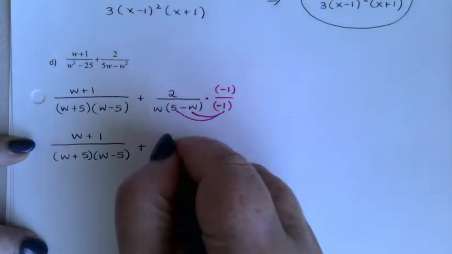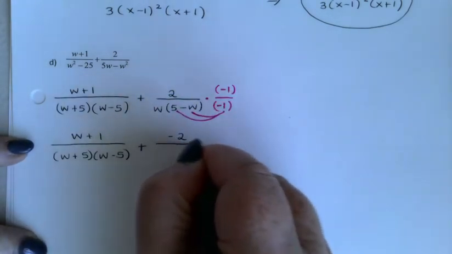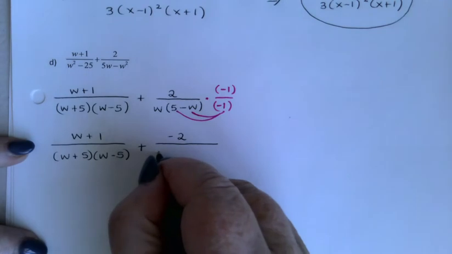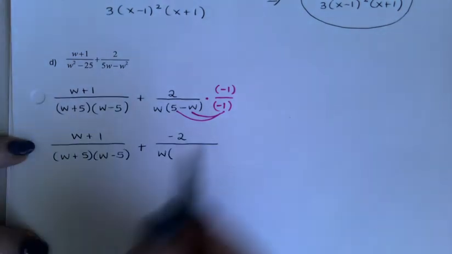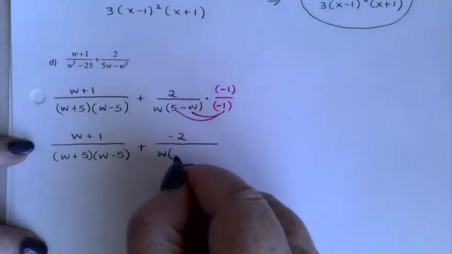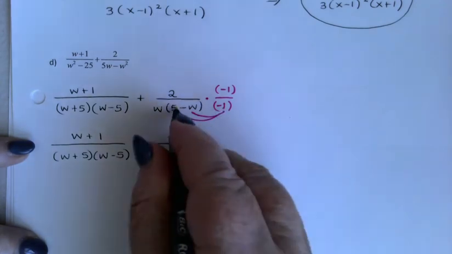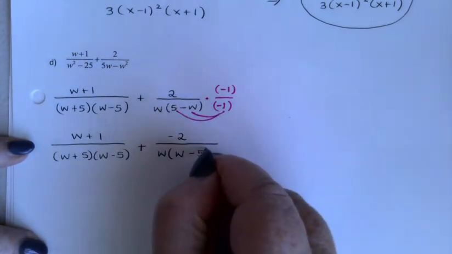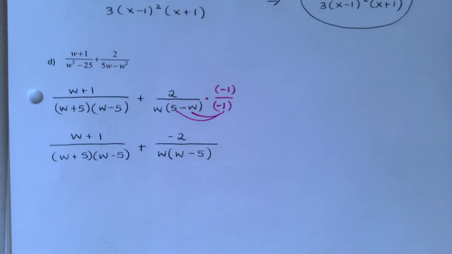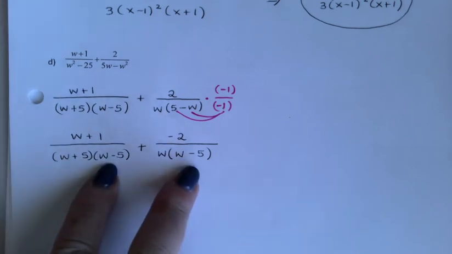Top now, 2 times negative 1 would be negative 2. And at the bottom I've got the w, and then I'm going to make that a positive w, which I'm going to write first, and then a negative 5. Taking the time to do that was really important because now my common denominator is going to be much nicer.